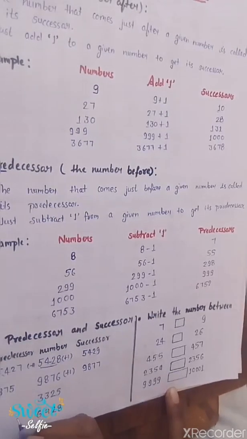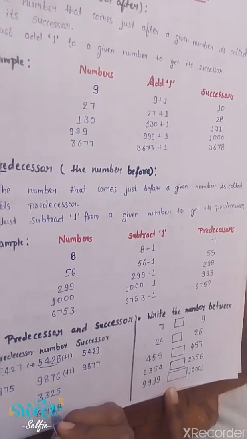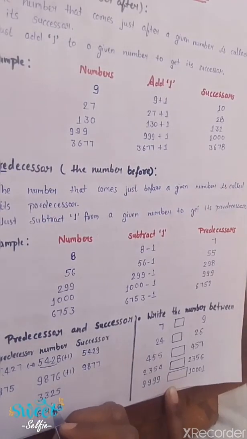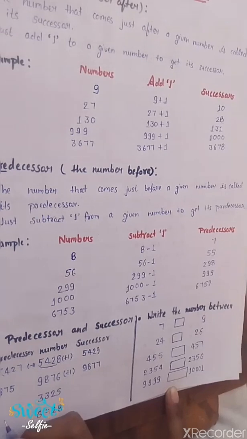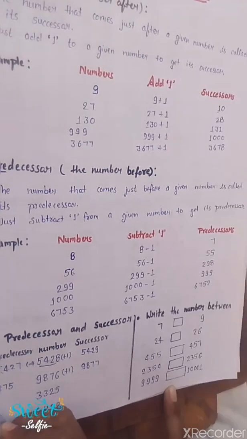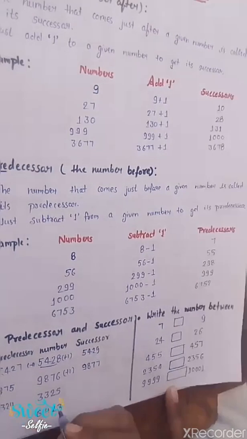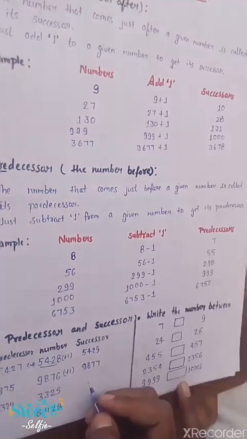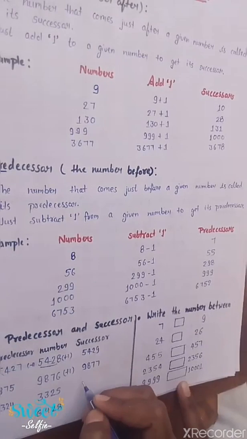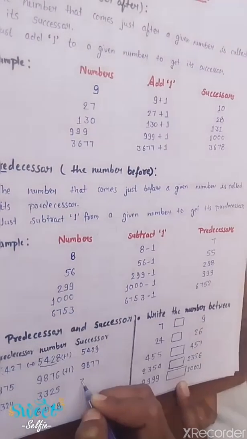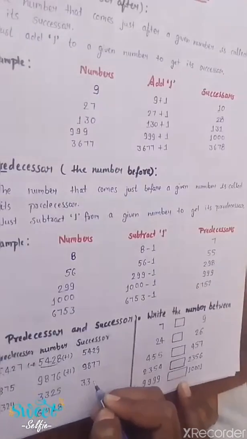Third, 3325. For predecessor, we have to do minus 1. So we will get 3324. And for successor, what we have to do? We have to just add 1. So 3326.